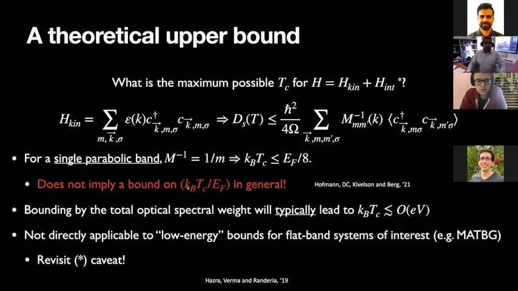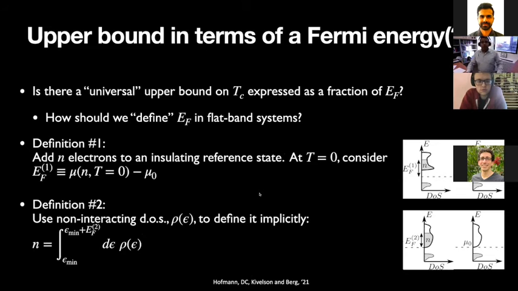I just want to elaborate a bit more on why it's difficult to propose a very general universal bound on the ratio of k_B T_C divided by E_F, which is what I want to do here. That's the question. The trouble is, when we are dealing with parabolic systems, it's very nice to just write down a formula for what E_F is in terms of the effective mass and the density.